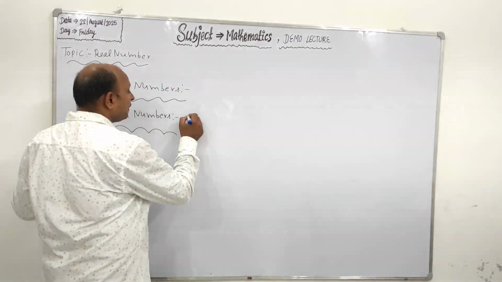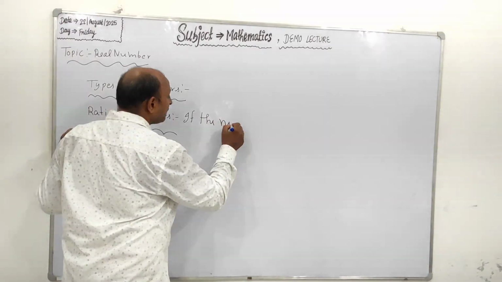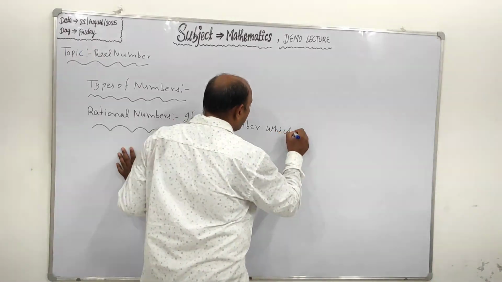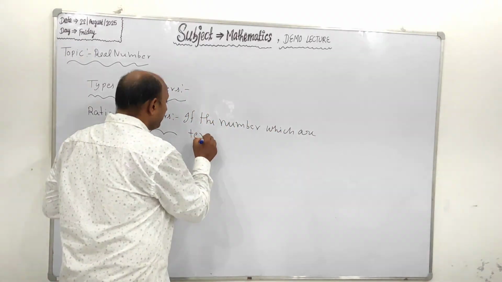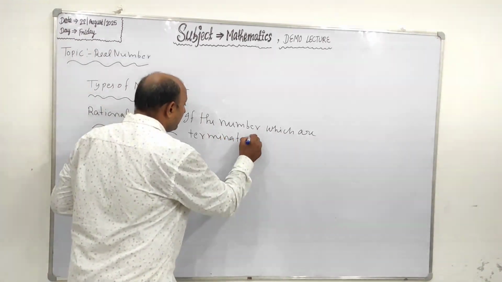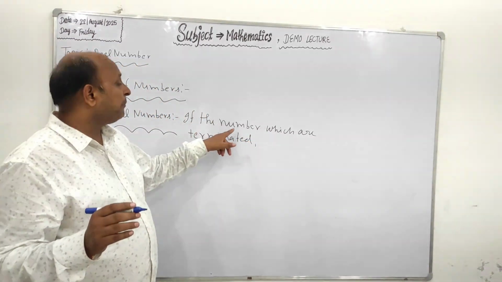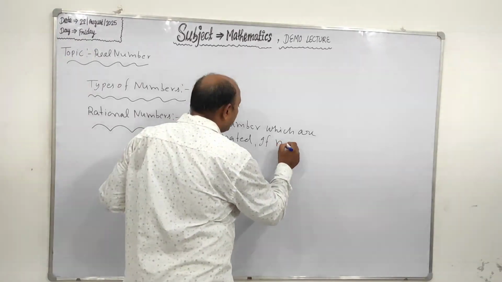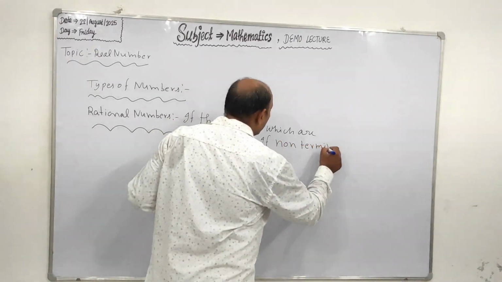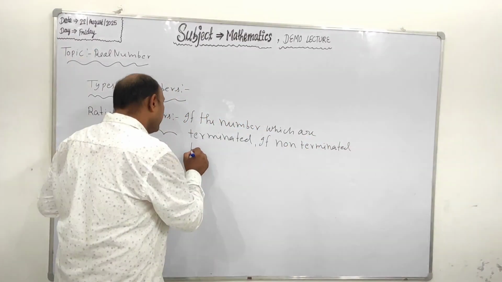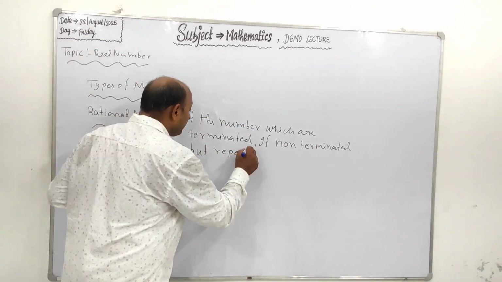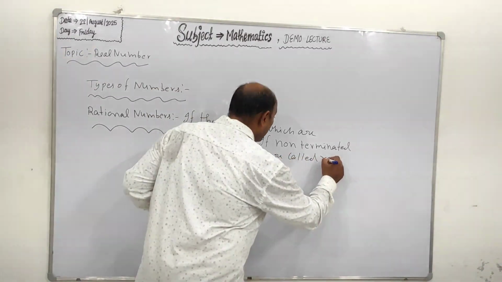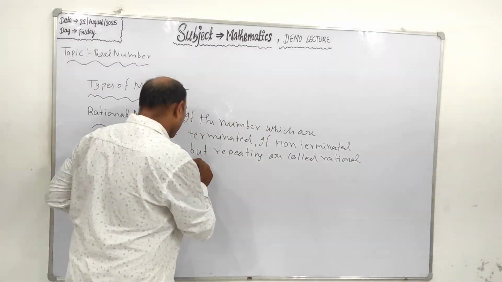Students, if the numbers are terminated, or if non-terminated but repeating, they are called rational numbers.